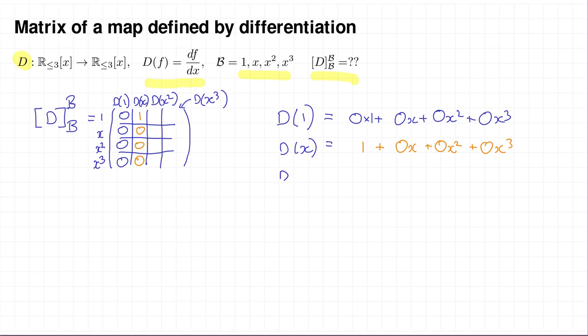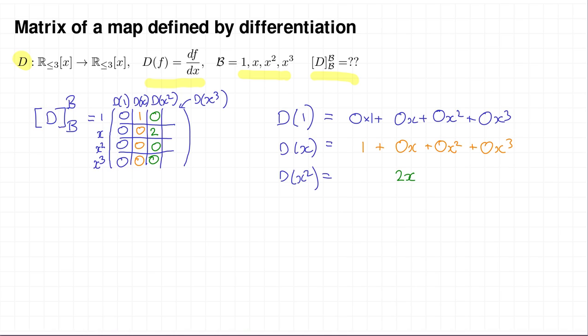Next column, D of x squared. Well, I'm not going to write them all down this time. D of x squared is just 2x. So that's 0 times 1 plus 2 times x plus 0 times x squared plus 0 times x cubed. So that is 0, 2, 0, 0.